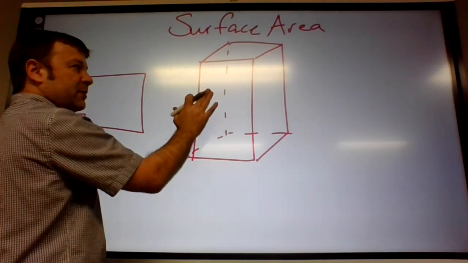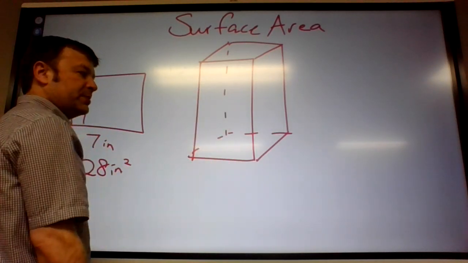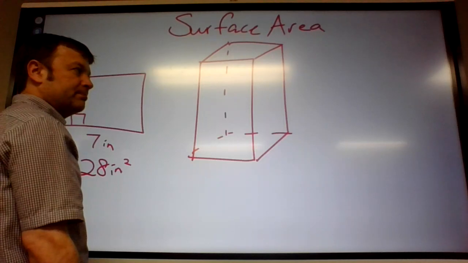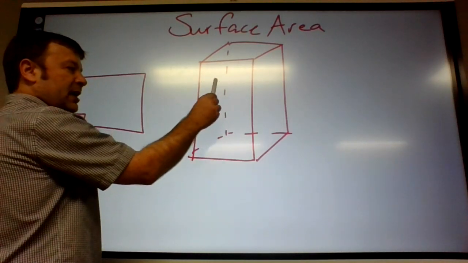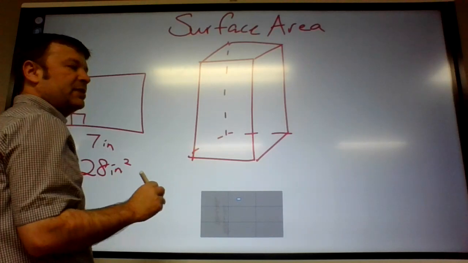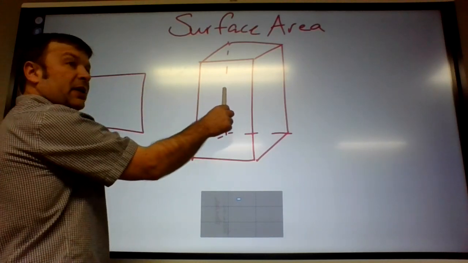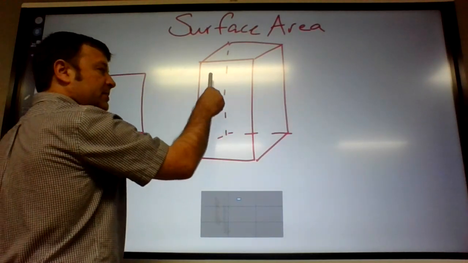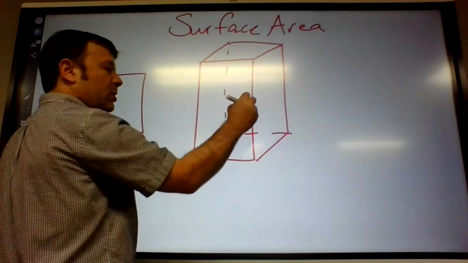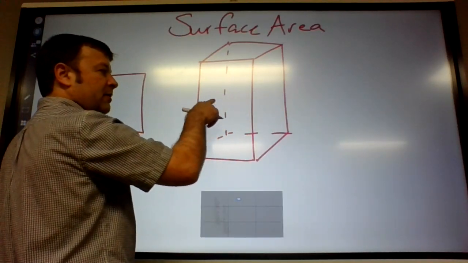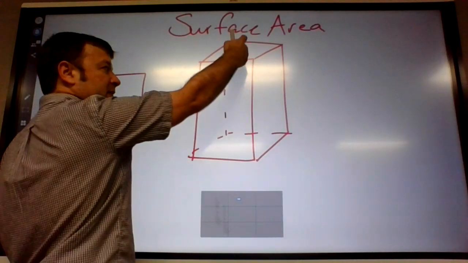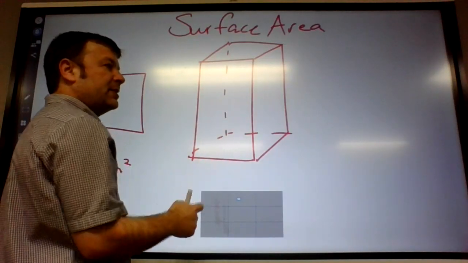How could we find the surface area of this prism? Basically if you look at it, how many sides does this have? It's got 6 sides. So one way to do it, this is not the way we're going to do it, we could find the area of all 6 of these rectangles and add them together.